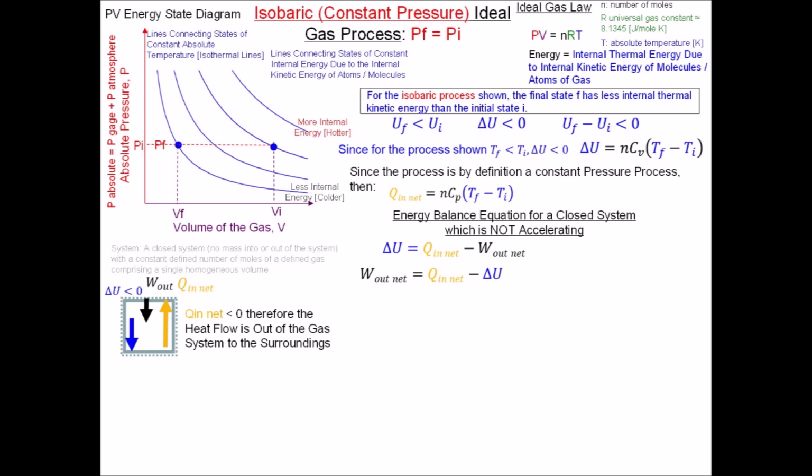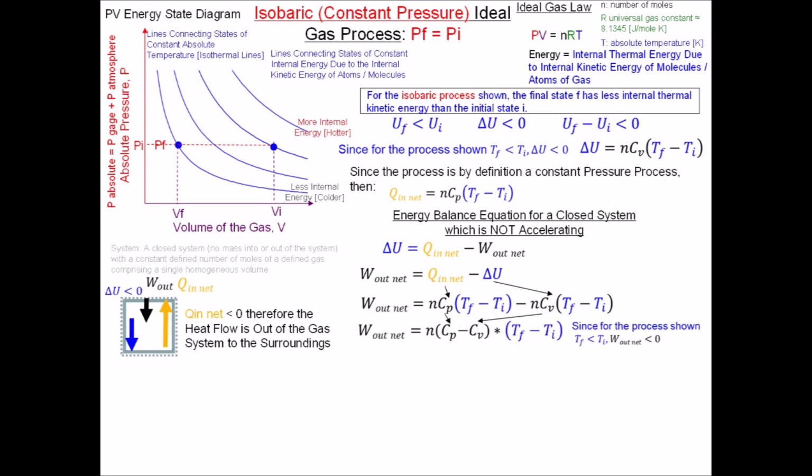Now we can substitute in the equations for heat in and delta U as shown. Doing some algebra, we see that we can now define the work out net as N, the number of moles, times the molar specific heat at constant pressure minus the molar specific heat at constant volume, C sub V, times the delta T.